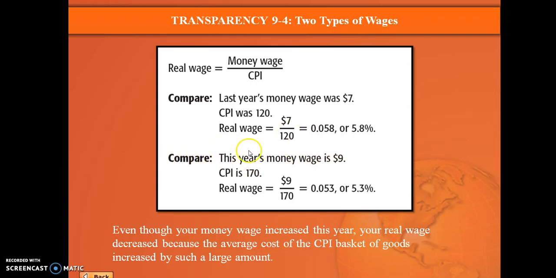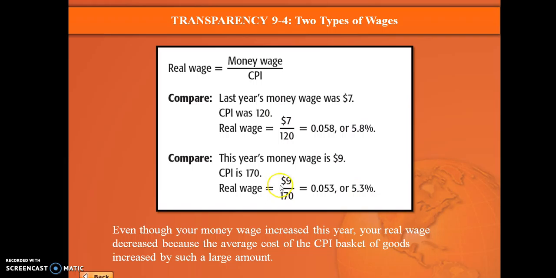If you take the next year and you have a money wage of $9 an hour and your CPI is 170 for the next year, even though you're making more money, take the dollars per hour divided by the CPI, and you can see that the real wage is actually 5.3, which is less.